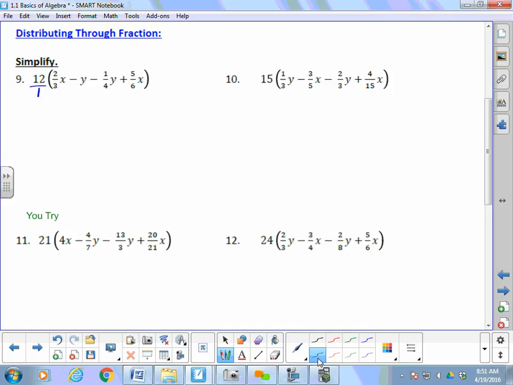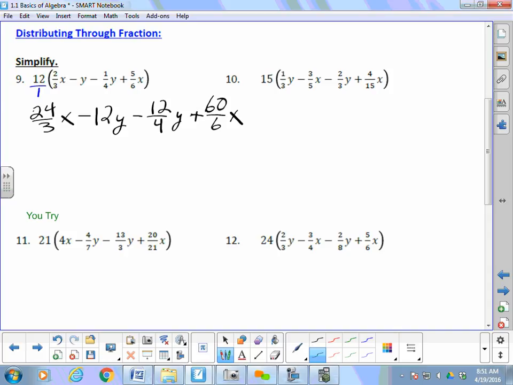So, 12 times 2 is 24. So we have 24 over 3x minus 12y minus 12 over 4y plus 60 over 6x.